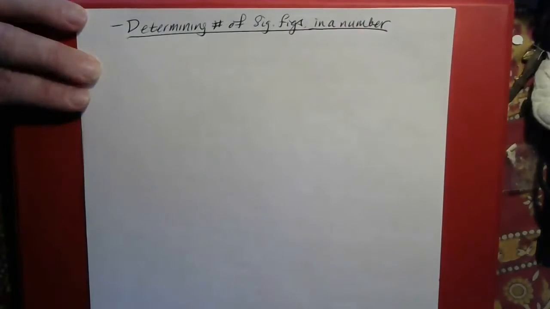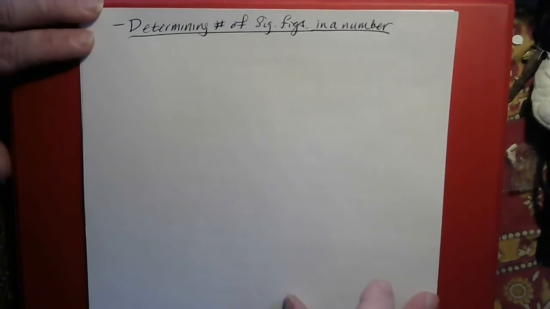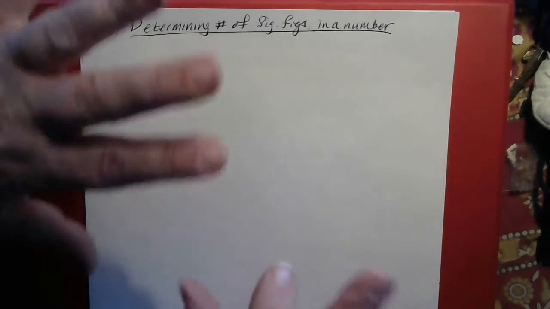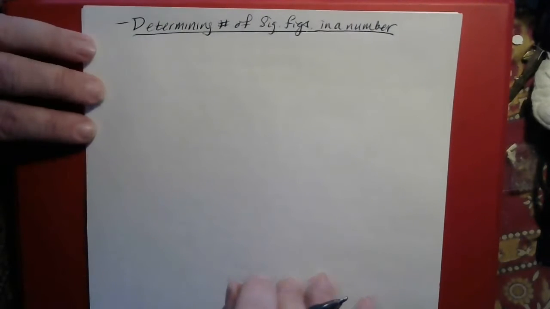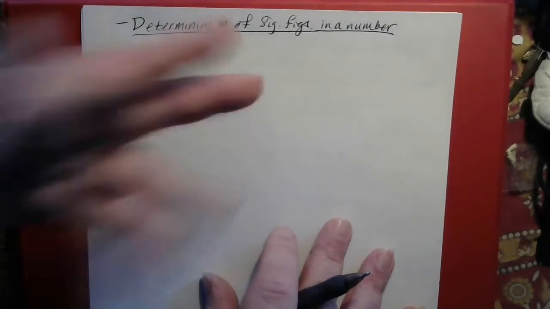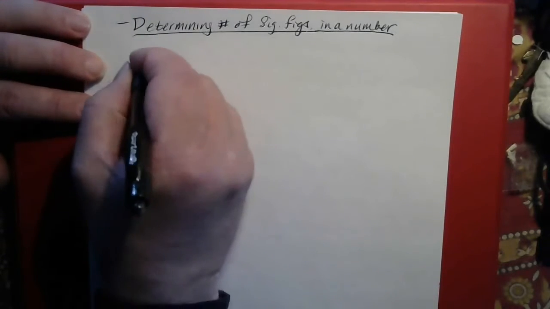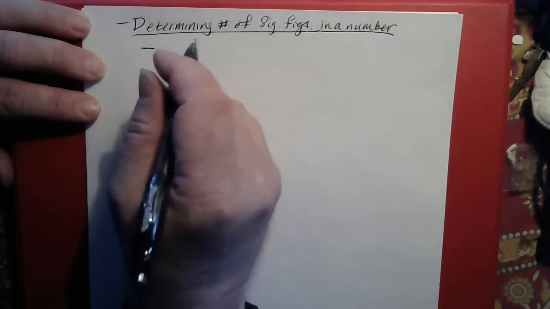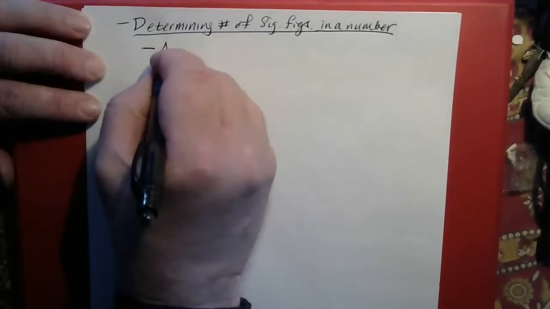So for now, we'll work on determining the number of significant figures just in a number, and then we'll go on to see what you can do with those numbers to determine the significant figures in the answer to a calculation that you do with those numbers. Well, in determining the number of significant figures in a number, the first rule is actually very simple.